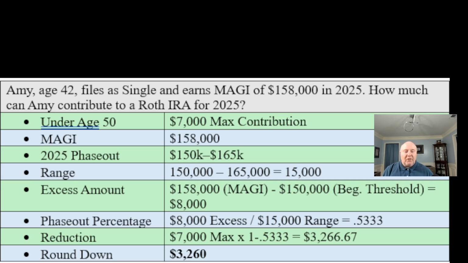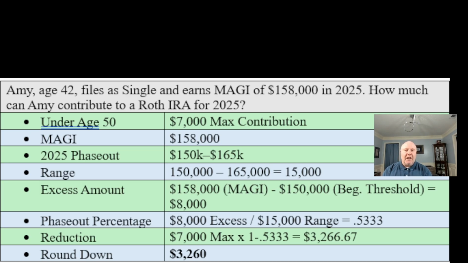So 1 minus 0.5333 gives us $3,266.67. Well, we have to round down to the nearest ten, so we're going to be at $3,260. That's the max that we can now contribute to our Roth IRA, at least through the traditional approach, because we made more than the threshold.